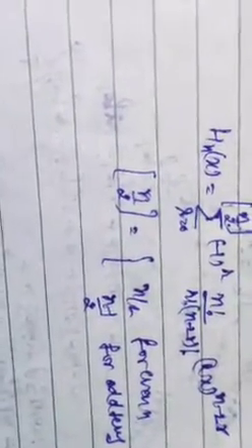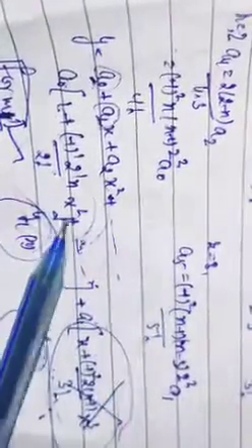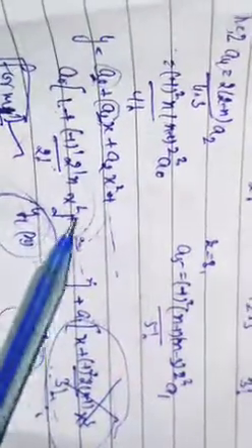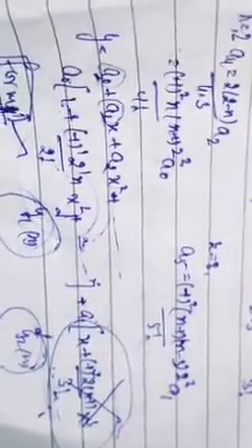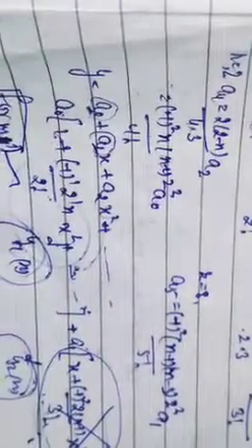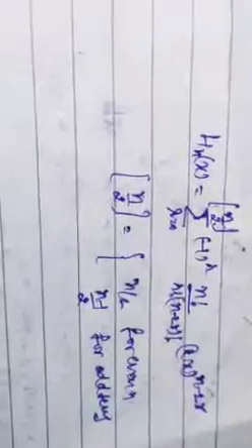Now we do not have to write the large solution as we discussed earlier. So for simplicity, we can write it as the Hermite polynomial like this.